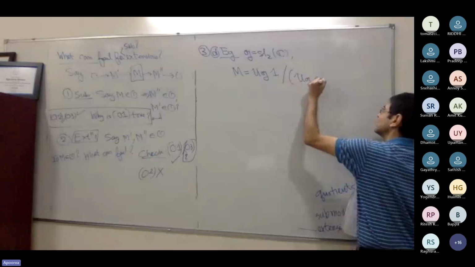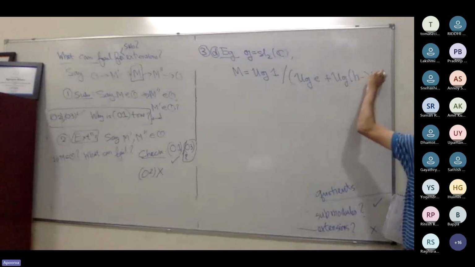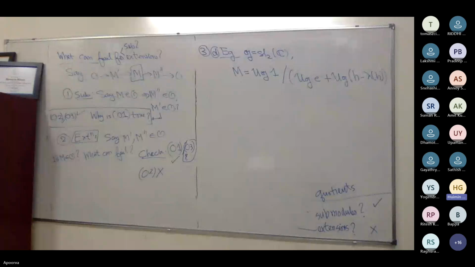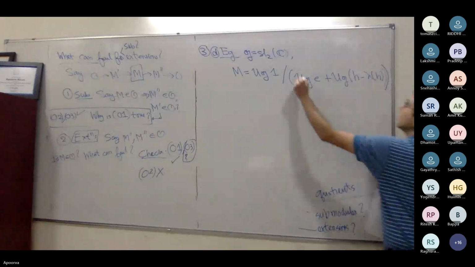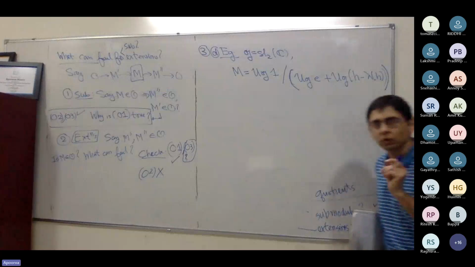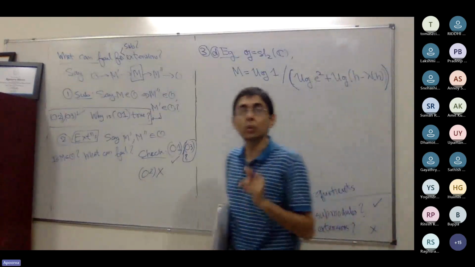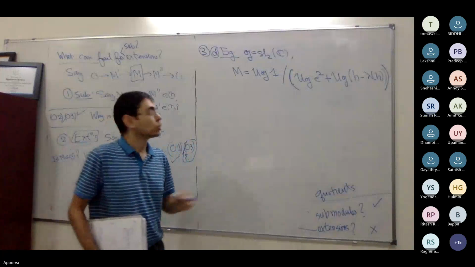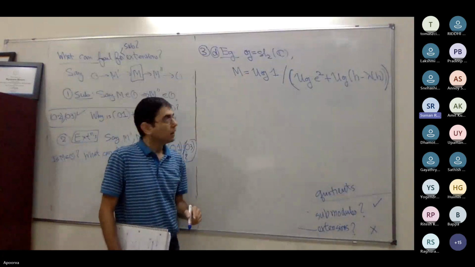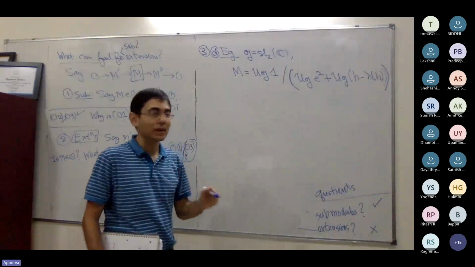First, let me write down the definition of the Verma module. This was the Verma module. Now I'm going to change it slightly. I'm going to quotient by E squared, not by E. So now the image of 1 is not killed by E. So it is not a maximal vector.